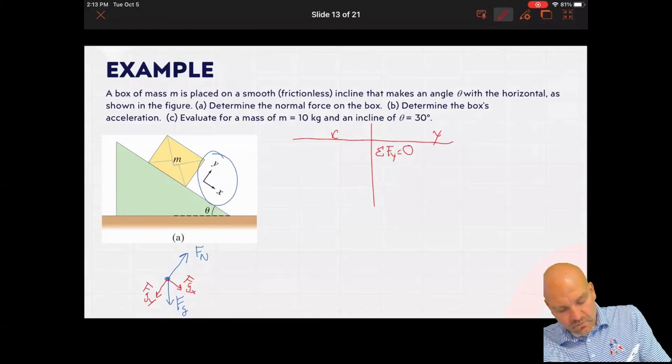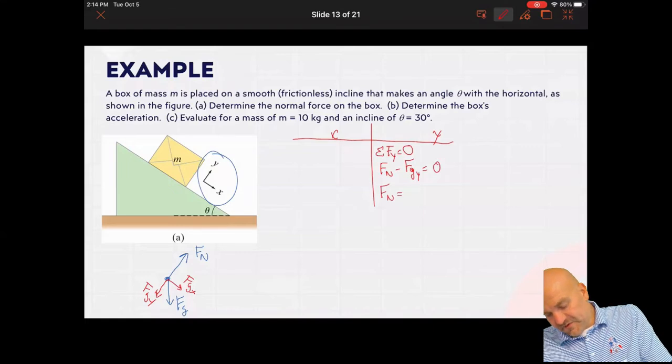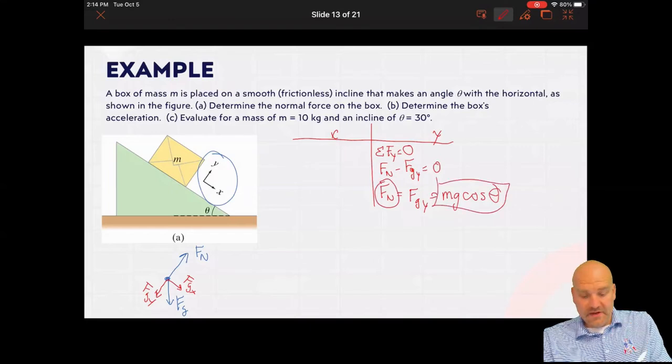I have two forces: my normal force, which sticks up, and my FGY, which goes down, and the sum is equal to 0. So my normal force is just FGY, which is mg cosine theta. There's my derivation for my normal force.